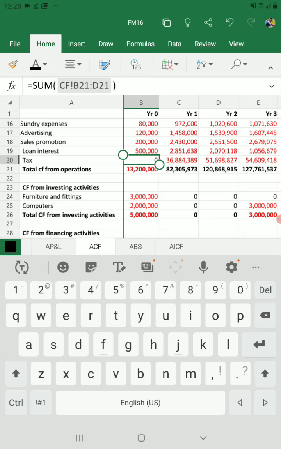Now, because we want to take away the effects of any cash flow effects that relate to providers of capital, we'll need to add this tax back into our cash flow and recompute a tax figure that is computed before deducting interest payment.